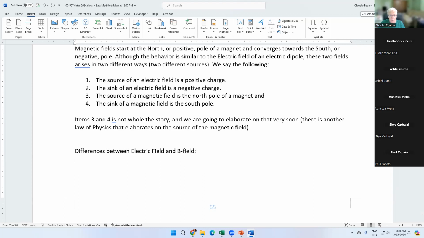One: isolated electric charges exist, versus isolated magnetic charges do not exist. That's a difference.